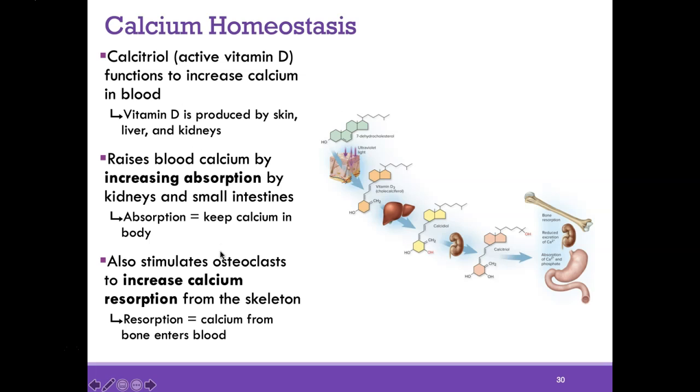So what calcitriol can do is activate osteoclasts to break down bone, so the calcium can then be released into the bloodstream where we need it more. So this is how calcitriol acts to increase the concentration of calcium in the blood. Right? It can act on bone resorption, reduced excretion of calcium, and increased absorption of calcium in the small intestines.